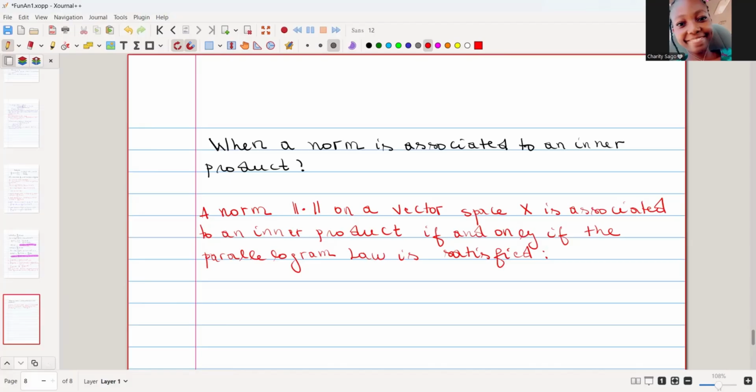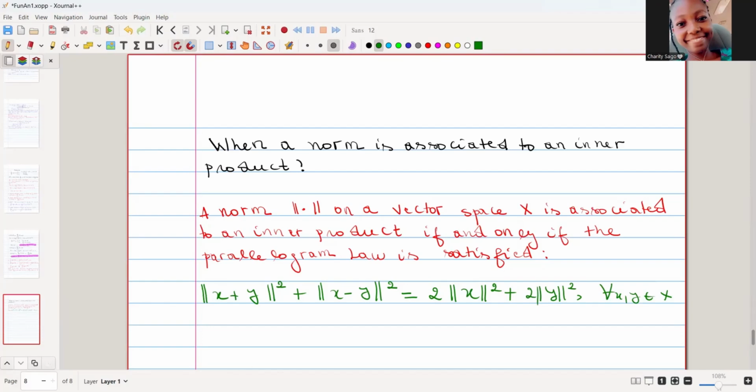Okay. So what is the parallelogram law? It means that if you have x and y, two elements of X, the norm of x plus y squared plus the norm of x minus y squared is equal to 2 times the norm of x squared plus 2 times the norm of y squared.